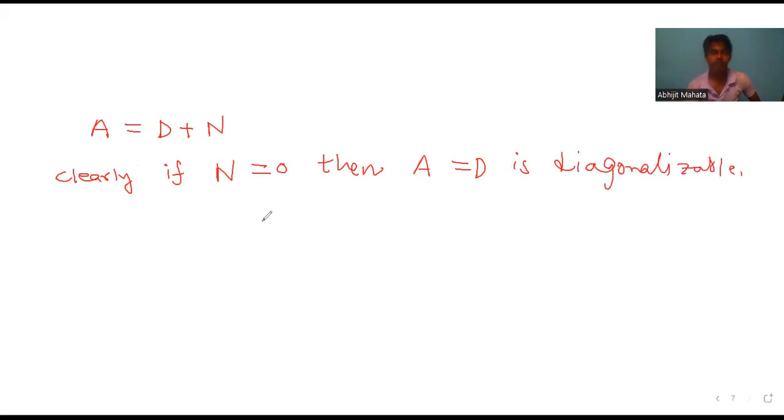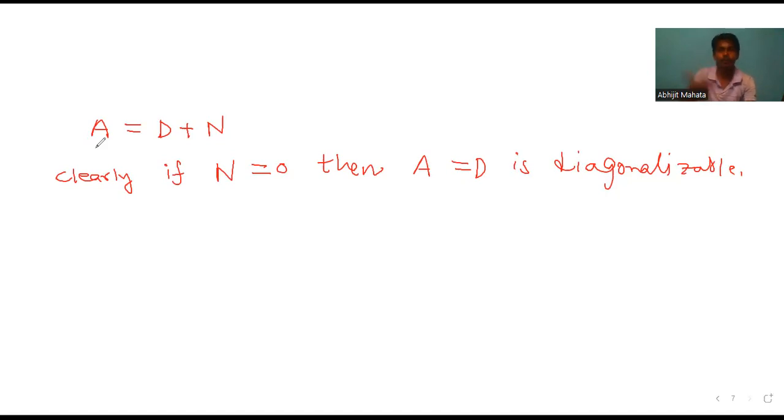So that's why if you take a matrix and want to check whether it is diagonalizable or not, what you need to check is whether inside the matrix A you have some nilpotent part. If that nilpotent part does not appear, then okay.